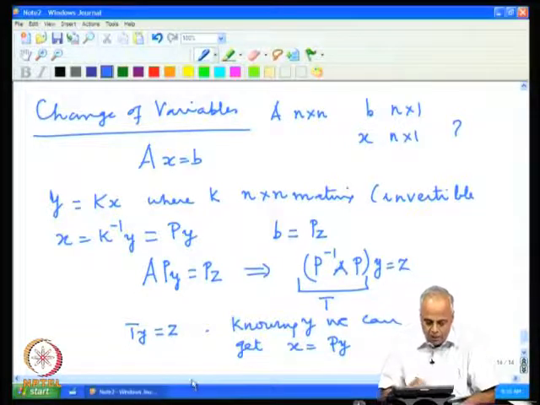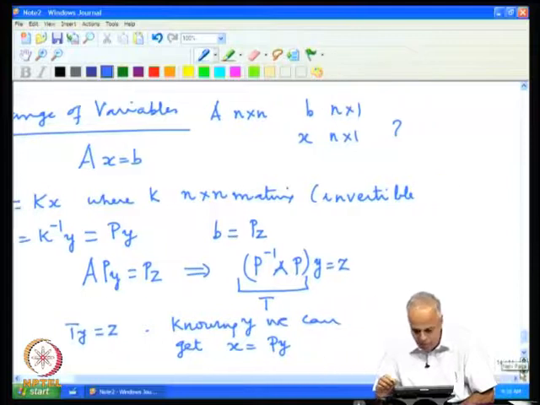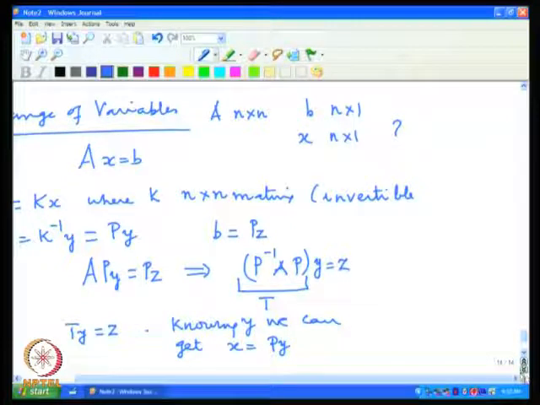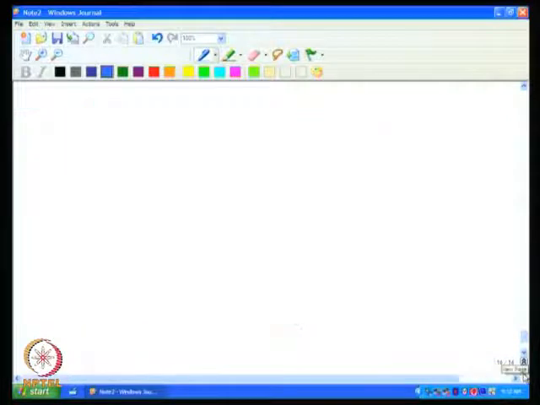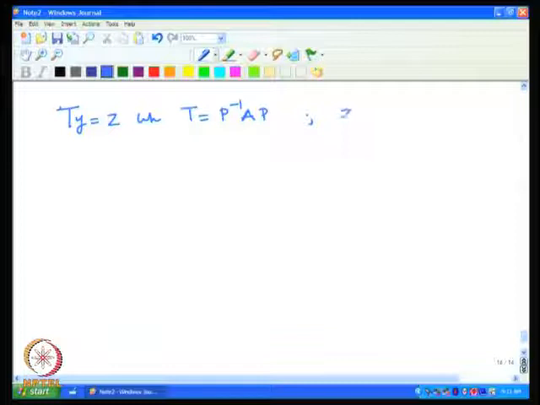We can solve y if T were a simple matrix. What do we mean by a simple matrix? Namely, the diagonal matrix. So, suppose we can make T diagonal. So, we have T y equal to z, where T equal to P inverse A P and z is equal to P inverse B, or B is equal to P z.